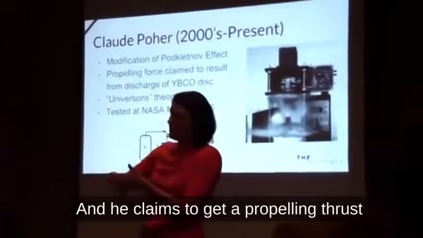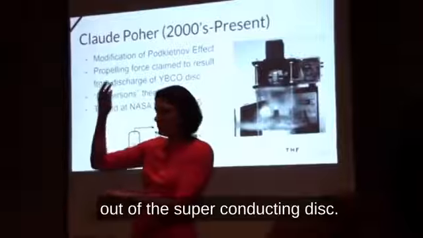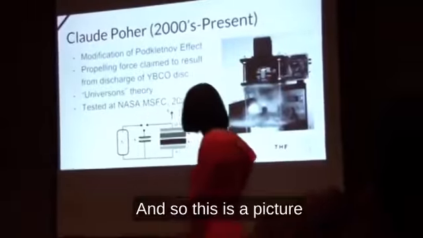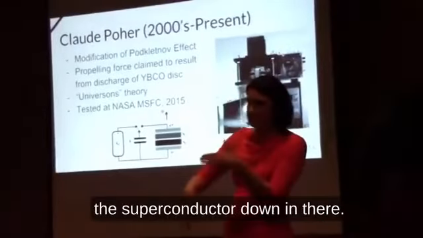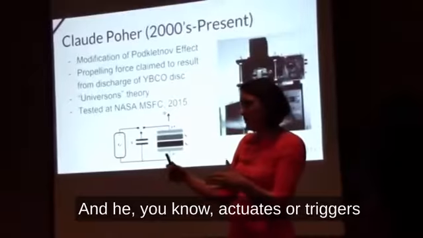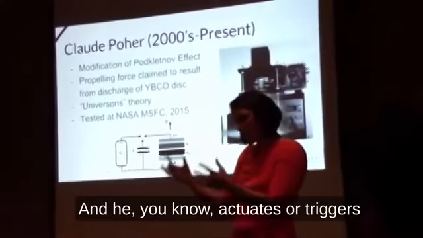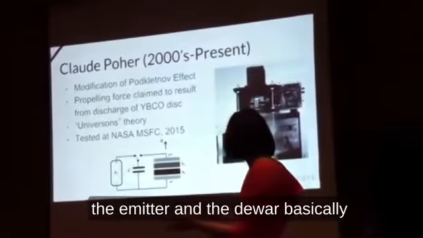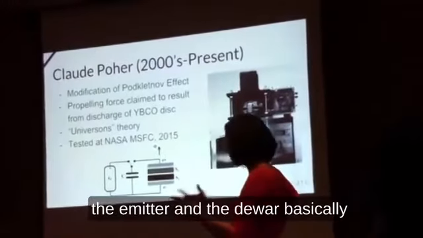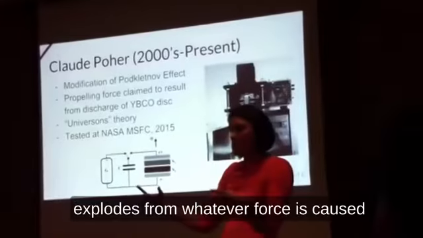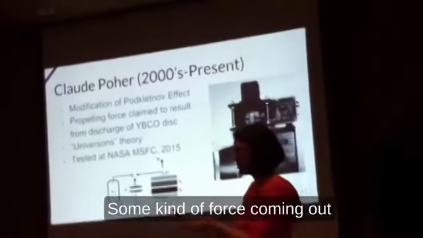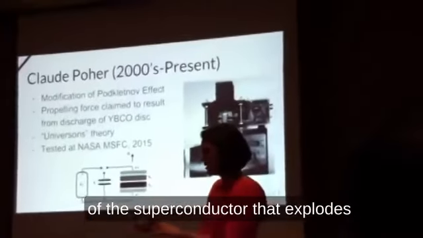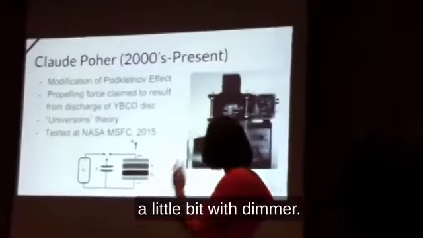He claims to get a propelling thrust out of the superconducting disk. This is a picture of a liquid nitrogen dewar with the superconductor down in there, and he triggers the emitter, and the dewar basically explodes from some kind of force coming out of the superconductor.